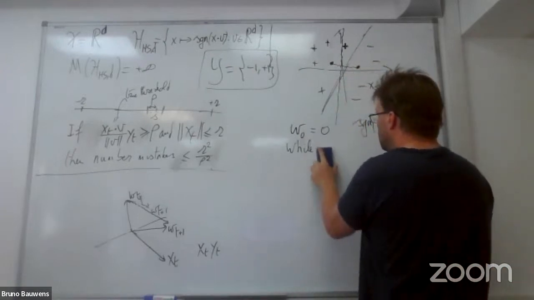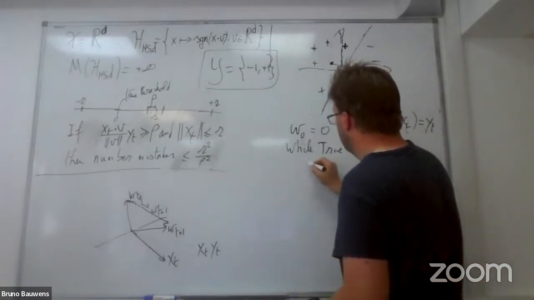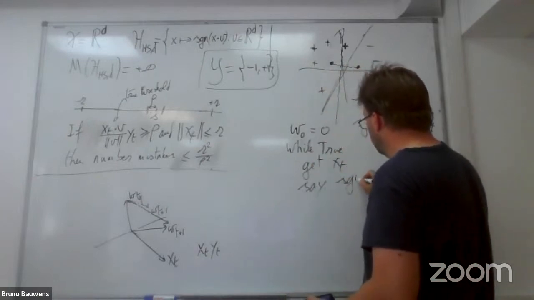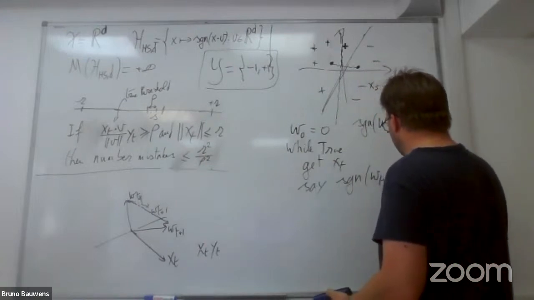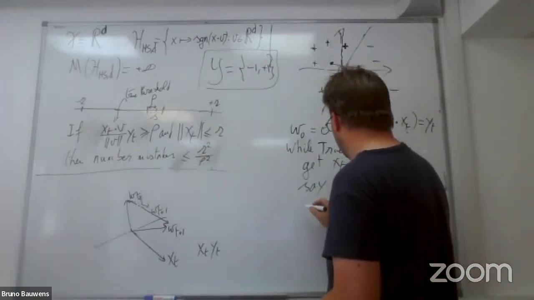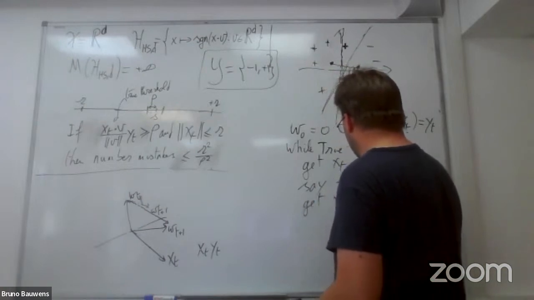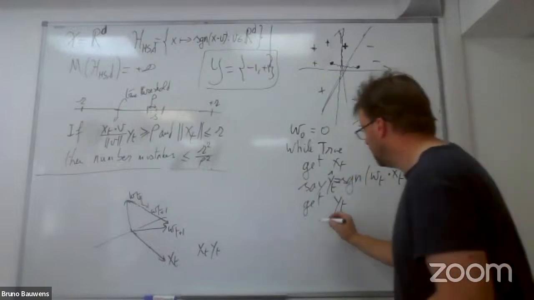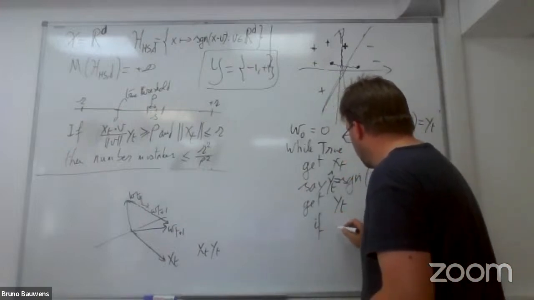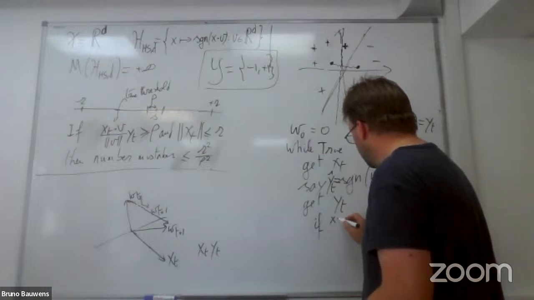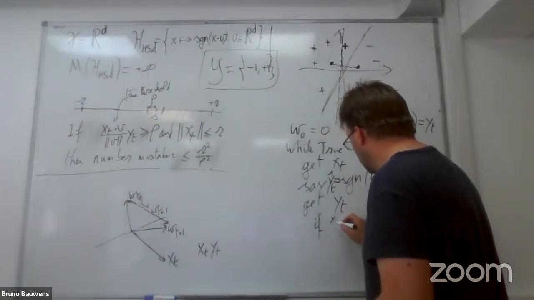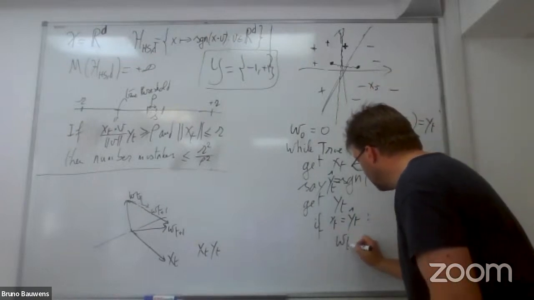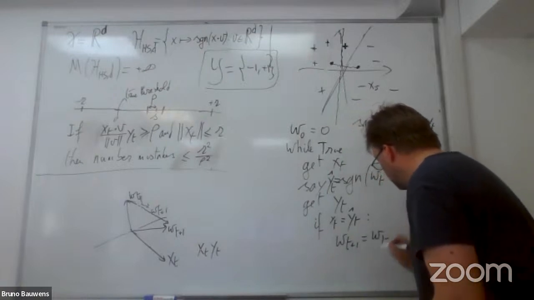The rule: we get XT, say sign of WT times XT, we get Y hat T. If it is equal to YT, if you're correct, so YT equals Y hat T, then we do nothing: WT plus 1 equals WT.